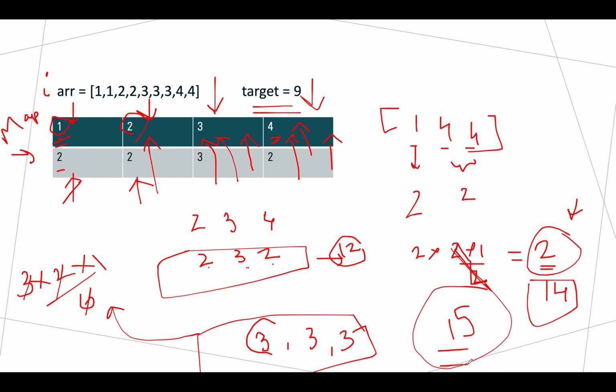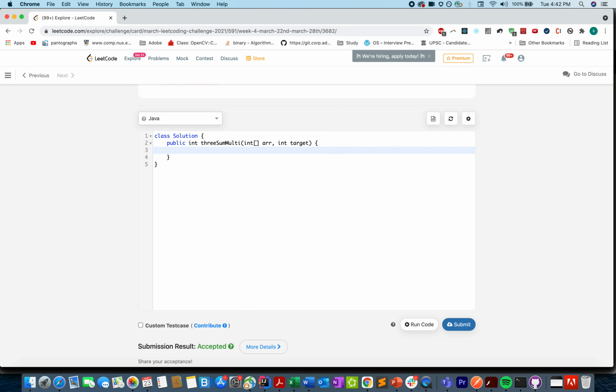So let's quickly code this up. The first thing that I'm going to do here is to create a map, and the map would be of integer comma long. Long will take care of the overflow conditions out of the integer scope. Let's define it as frequency map, new hash map.